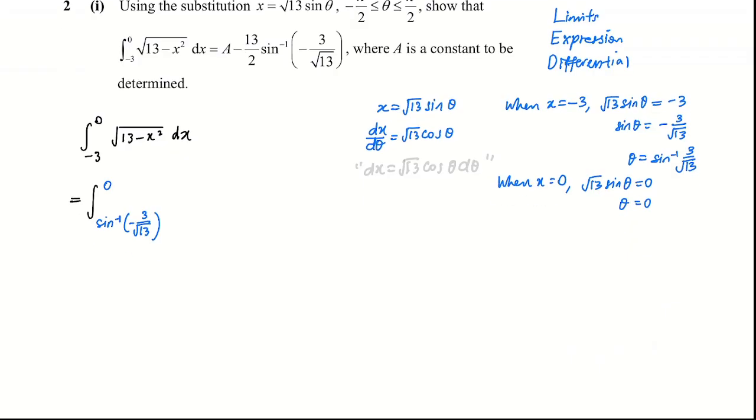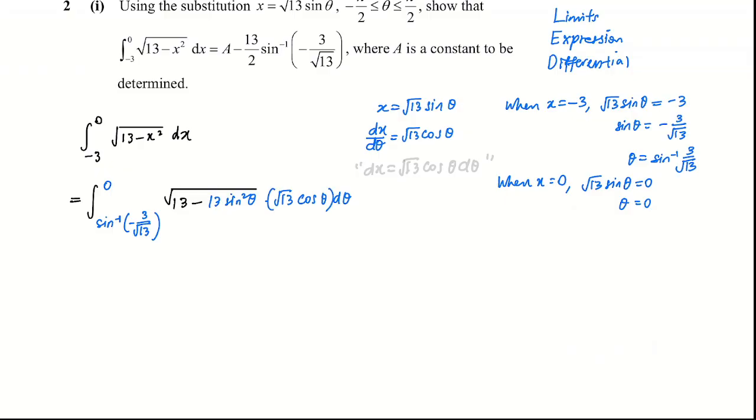Next, 13 minus x squared becomes 13 sine square theta. Then last but not least, the dx you change with this one: dx changes to root 13 cos theta d theta.